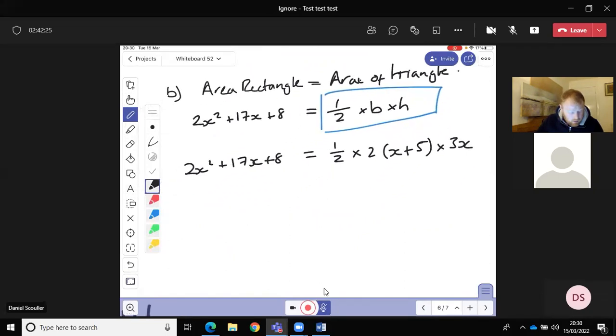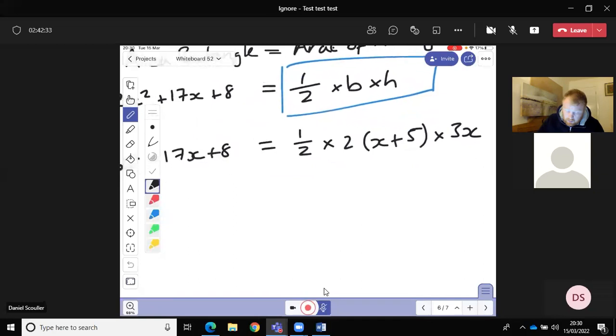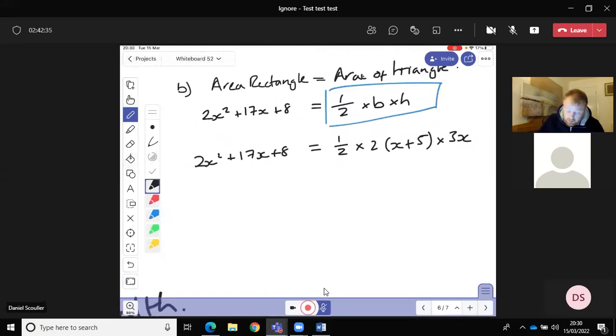Now, the easiest way to do this, 3x squared, would probably be to split that up first, and then tidy it up, multiplying it by the half.